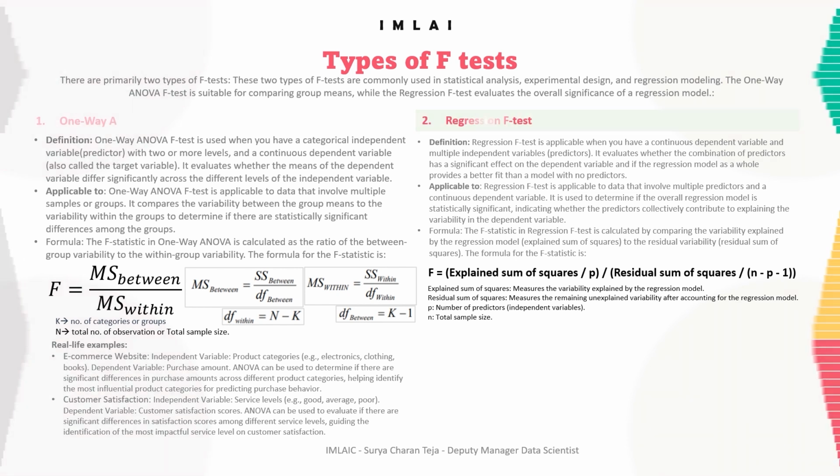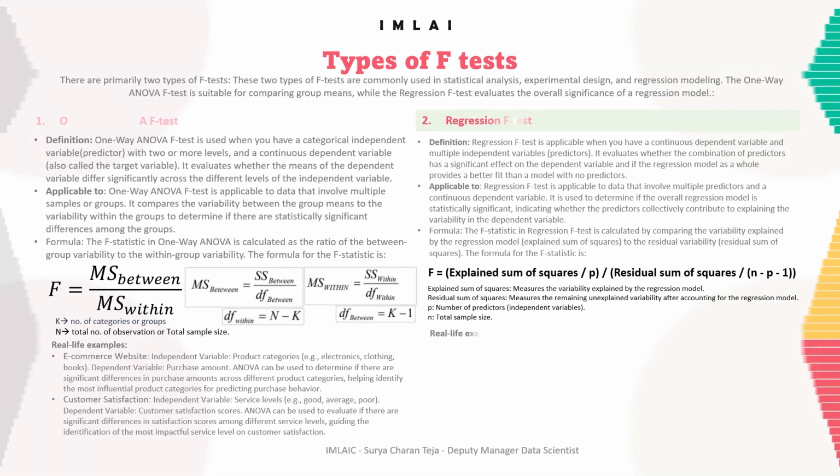So now let's look into some examples of real life ML scenarios where this regression F test can be applicable. Regression F test is commonly used in machine learning for feature selection and model evaluation. Here are a few real life ML examples. The first one is house price prediction.